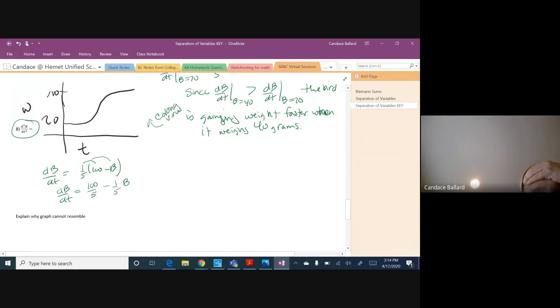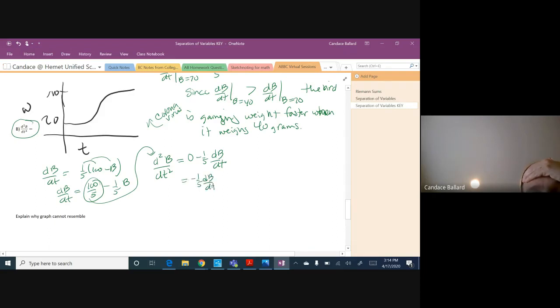When you're taking this derivative, you need to always do it implicitly. So the notation would be d squared B over dt squared for my second derivative of this. So it's really the first derivative of that, the second derivative overall. Derivative of any number, 0. And then the derivative of this is negative 1/5, and implicitly dB/dt. So really what I have is negative 1/5 dB/dt.